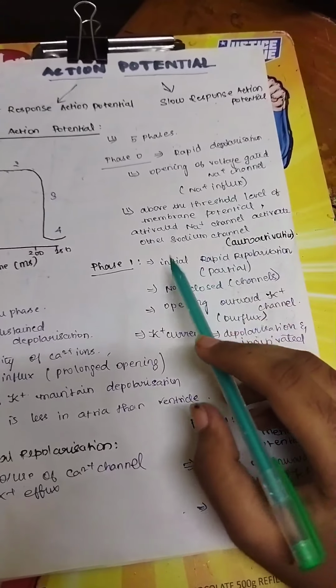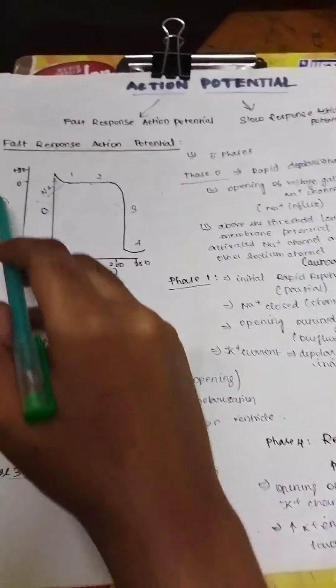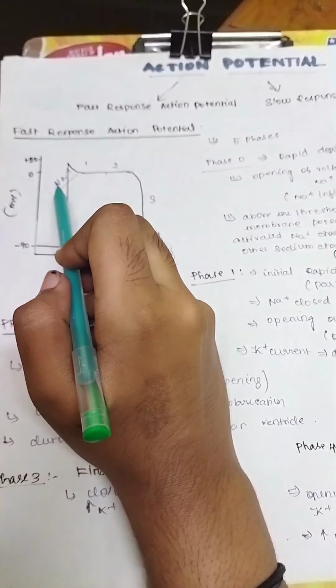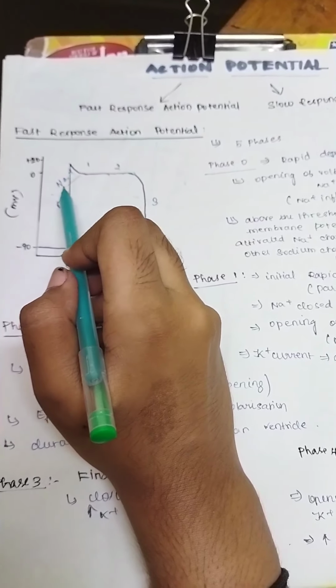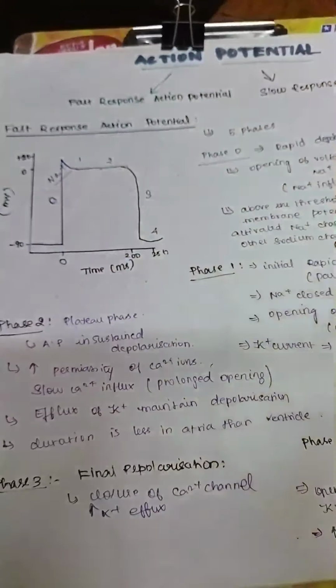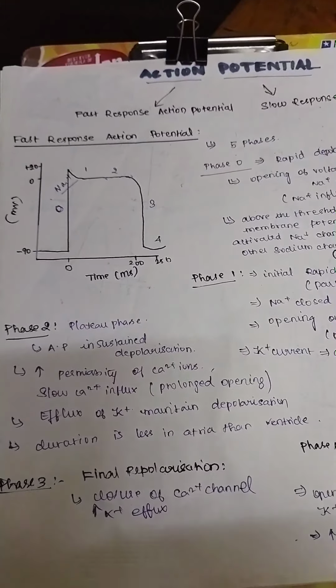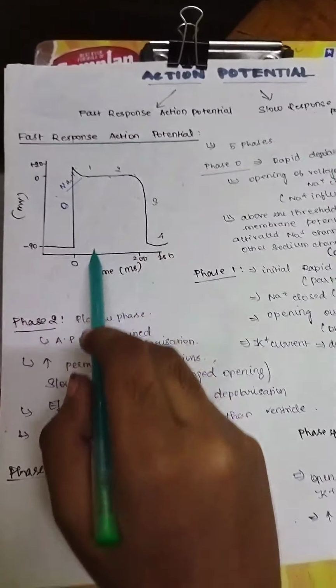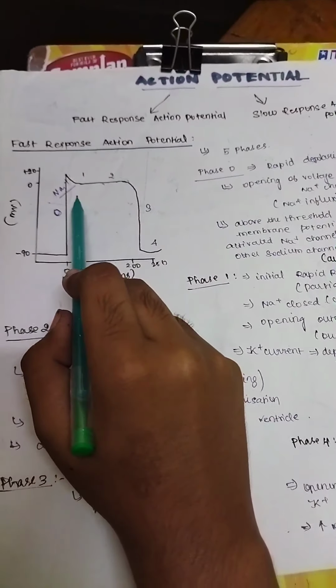If I talk about phase 1, after the depolarization you can see a small repolarization in this diagram. It is a rapid repolarization, but not a complete repolarization; it is only a partial repolarization.